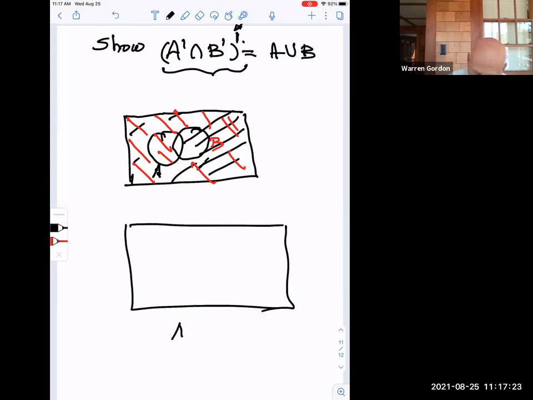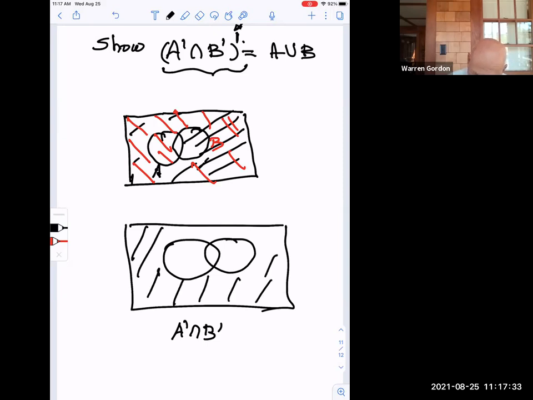so here's a picture for A complement intersection B complement, is just this, right? A complement is everything outside of A. B complement is everything outside of B. So if I clean up this picture, what they have in common is just this.